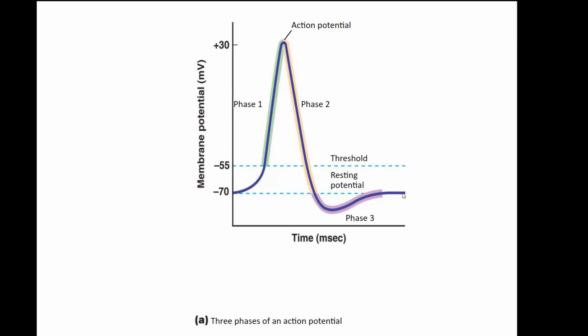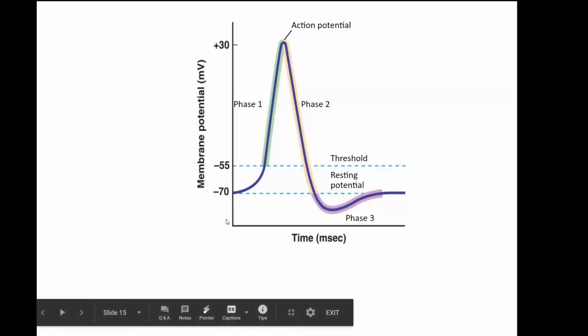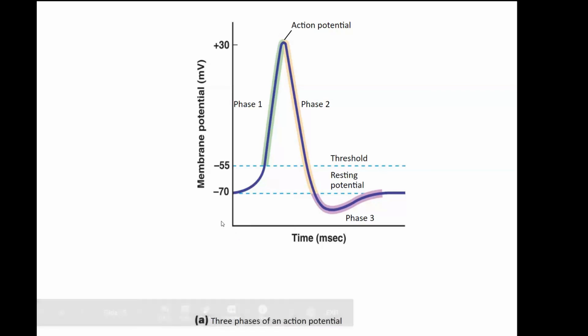Knowing which direction sodium and potassium want to go, we can start to think how this would work. Our sodium equilibrium potential is way up here, even more positive than +30. Our potassium equilibrium potential is way down low, at like -90, -94.